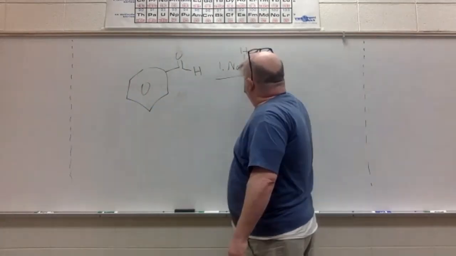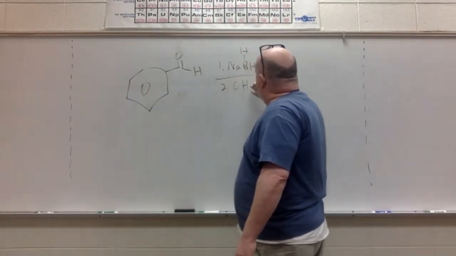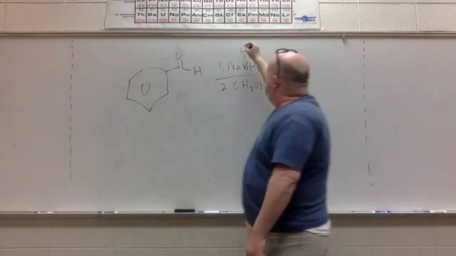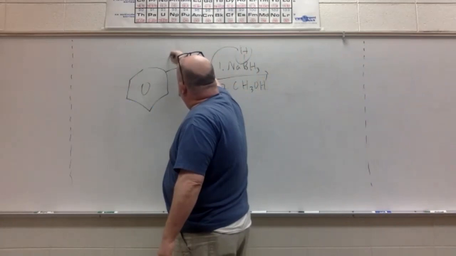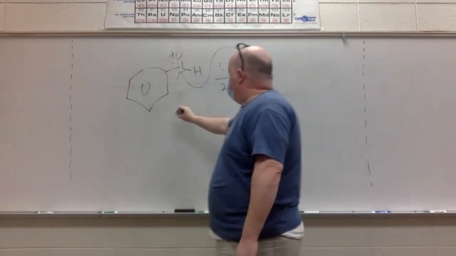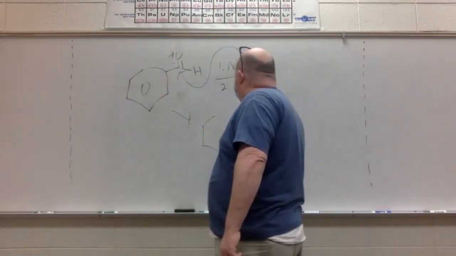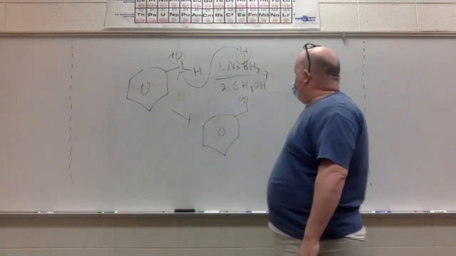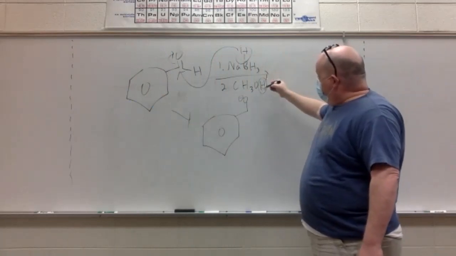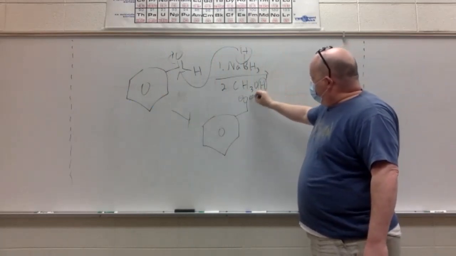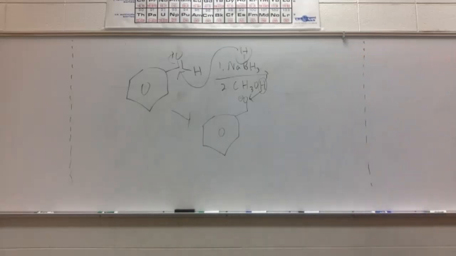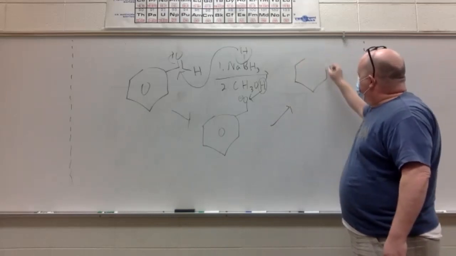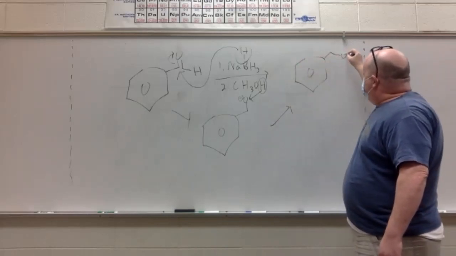We'll use sodium borohydride here just for funsies, and methanol. Right? But it still works exactly the same. H minus attacks your carbonyl carbon, and then you see a protonation of your negative O, again to make a primary alcohol.